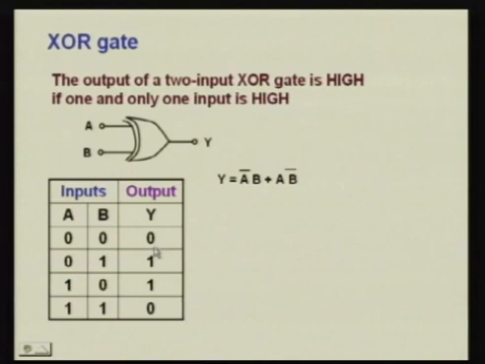From this truth table we can construct the output. You see, I have just written Y = A bar B + A B bar. How can we write it? For constructing the output from the truth table, we have to see the output status. We have to enter all the inputs for those rows where we are getting one state.